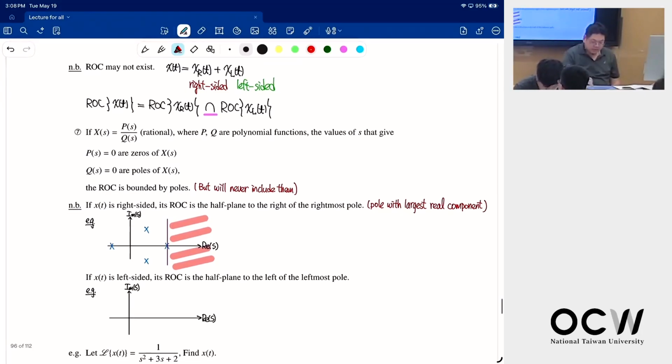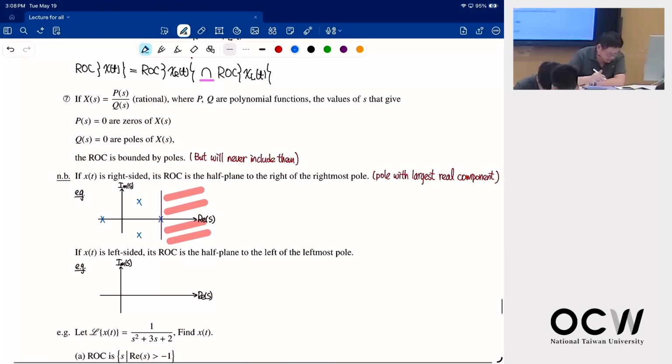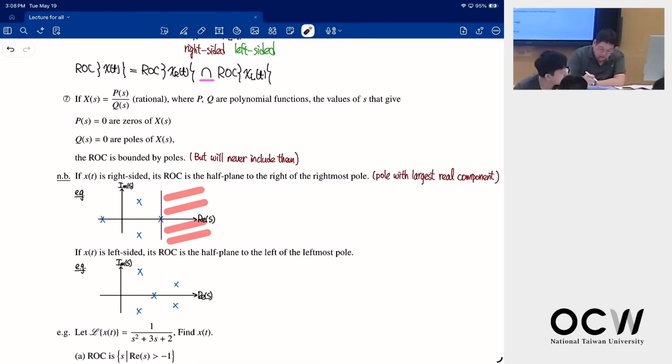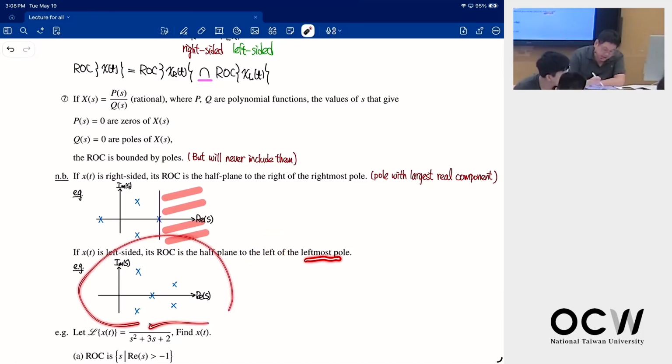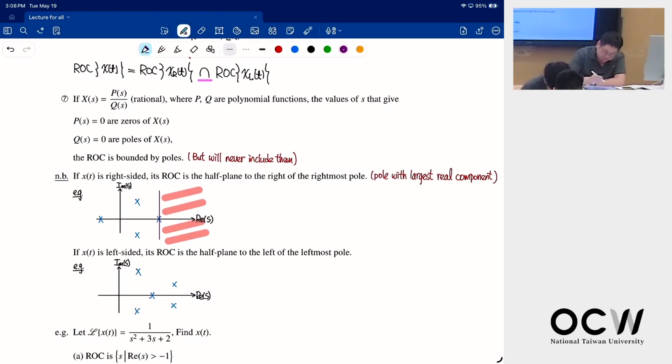Similarly, for the left-sided signal, if I have poles here, then the region is the half plane to the left of the leftmost pole. In this case, the leftmost pole is this one. So here is the region of convergence.